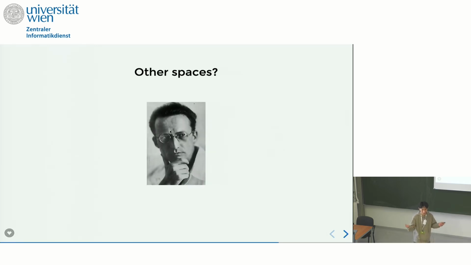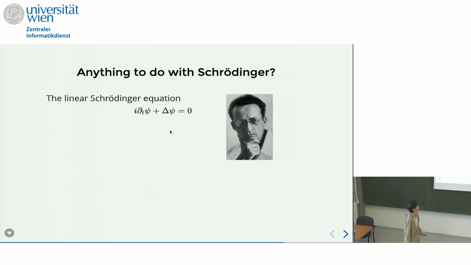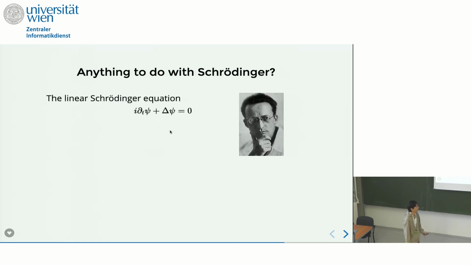Because we are usually in an institute, let me talk about something related to this initially. Okay, I dropped the potential term, so this equation is now called the linear Schrödinger equation.